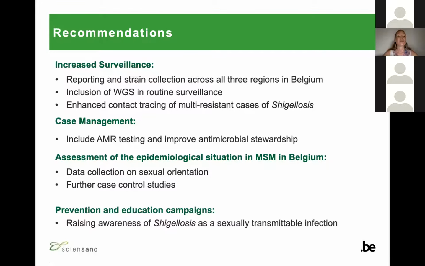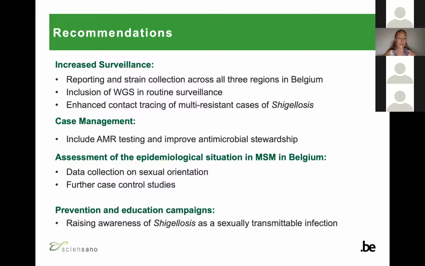Based on our observation, we formulated recommendations for public health, which were also presented to the authorities in Belgium. We recommended to increase the surveillance, specifically to increase reporting and strain collection across all 3 regions in Belgium, so across the entire country. We recommended to include whole genome sequencing in routine surveillance and to enhance contact tracing of multi-resistant cases of Shigellosis.